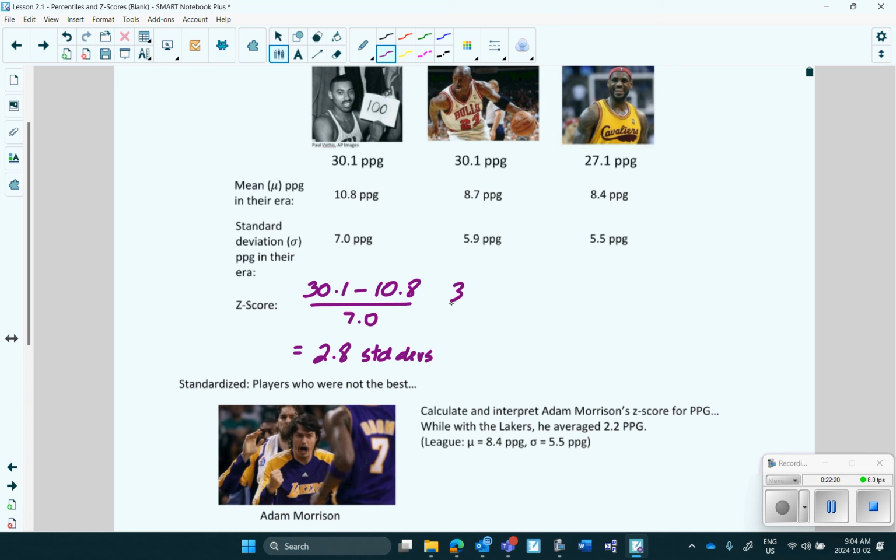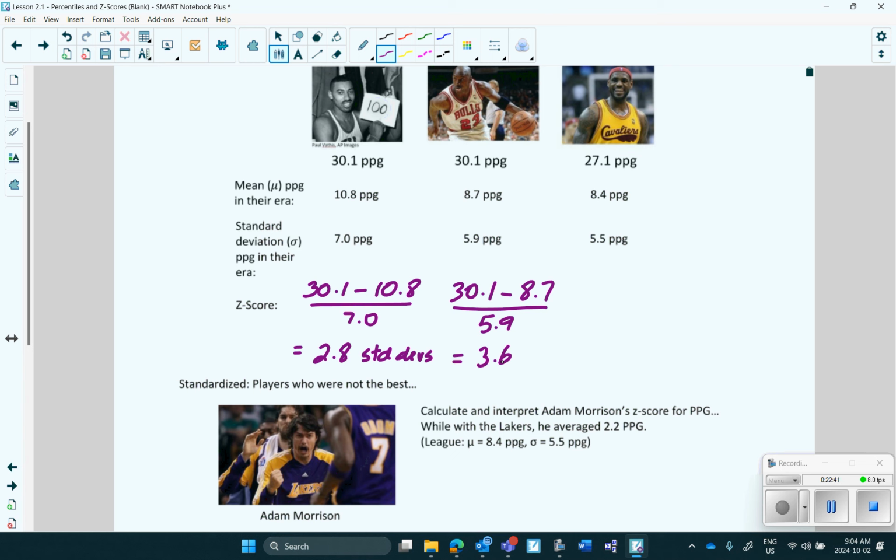Jordan, 30.1 minus the average points per game in that era of the 90s, divided by the standard deviation in that era. And when you do his, you get 3.6 standard deviations.